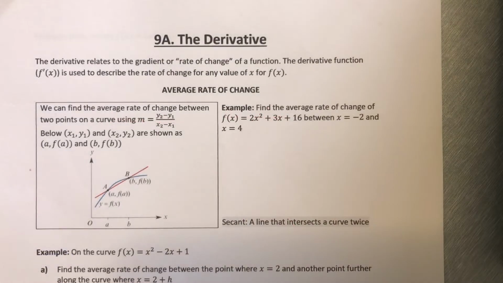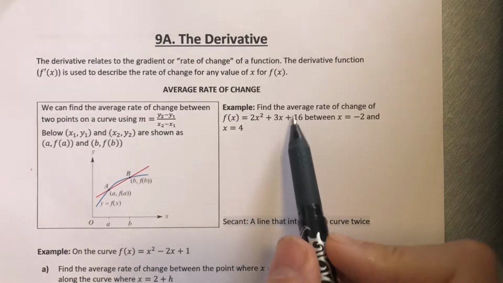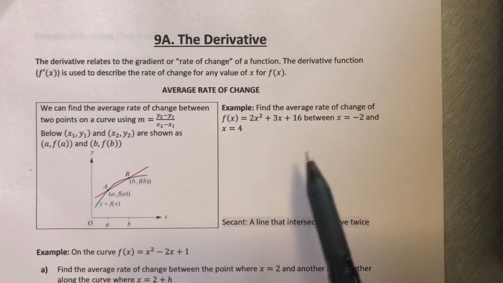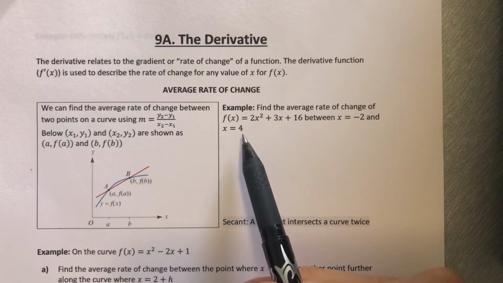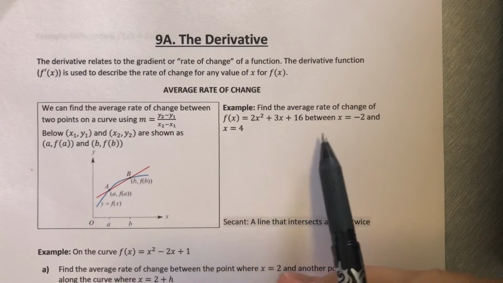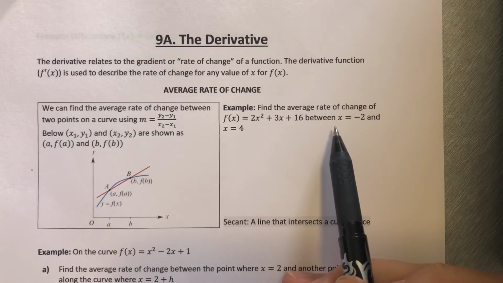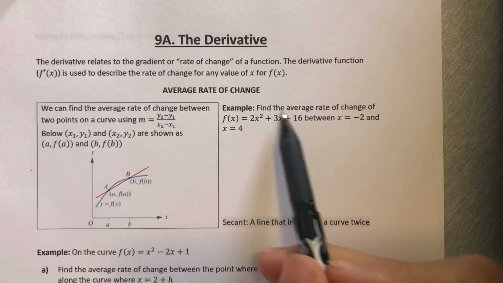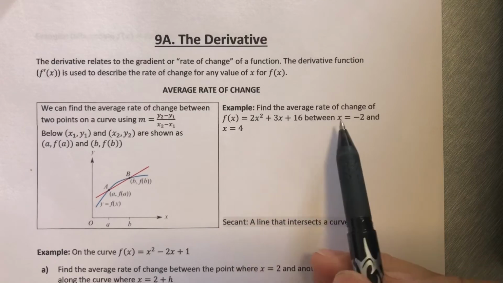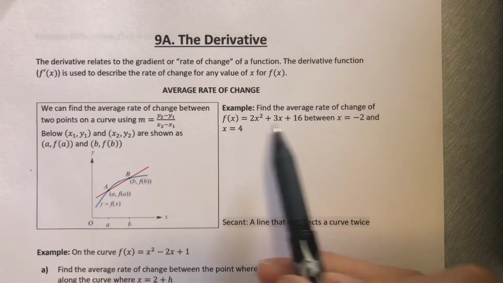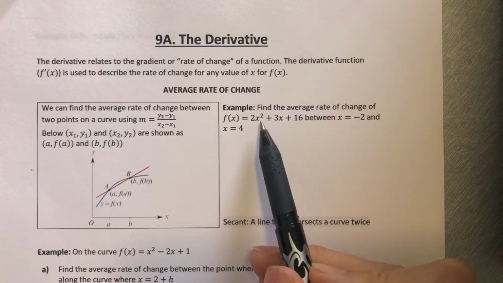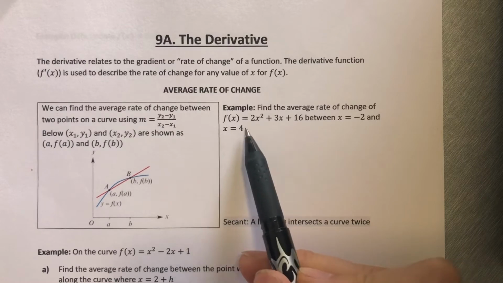Let's have a look at the first example here, and it is talking about average rate of change. So this is the rule that we've been given, and we need to find the average rate between these two x values. Now to do it, we need to find the y values that correspond as well. So that's where the rule is going to come in. So where x is -2, we need to use the rule to find out what the y value is, and same when x is 4.